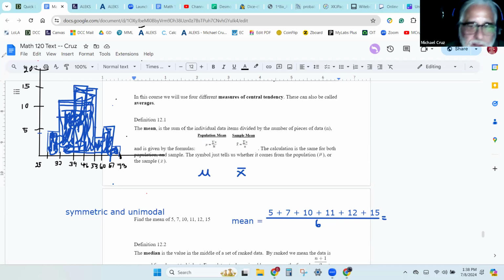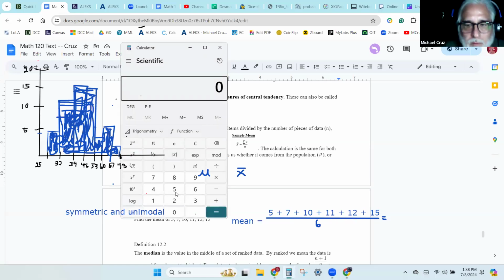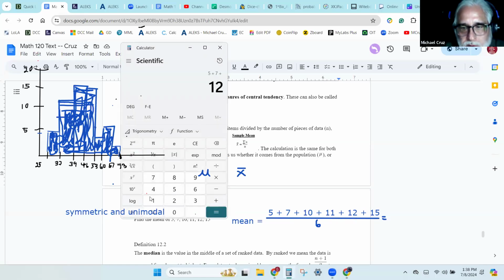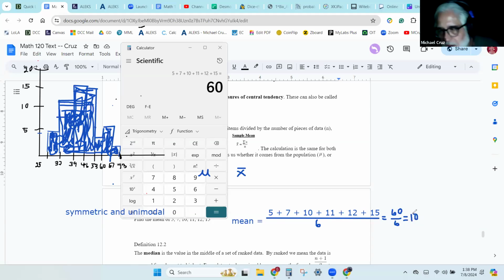So if we add all those at the top, 5 plus 7 plus 10 plus 11, then that's 60, divided by 6 is equal to 10. So that's the basic calculation of the mean, the most important measure of central tendency.